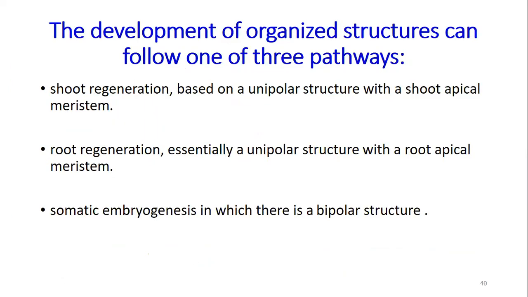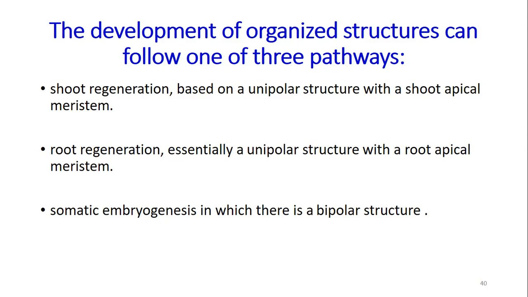The development of organized structures can follow one of these three pathways before you can get organized structures. That is from the callus. The callus is not organized. It's an unorganized structure. Before you can get it into an organized structure, there are some pathways that you need to follow.